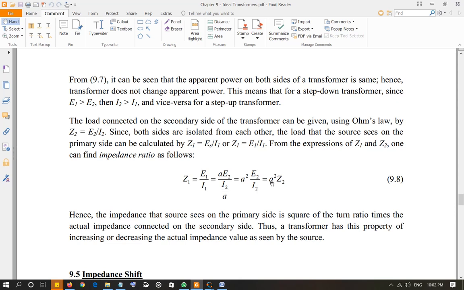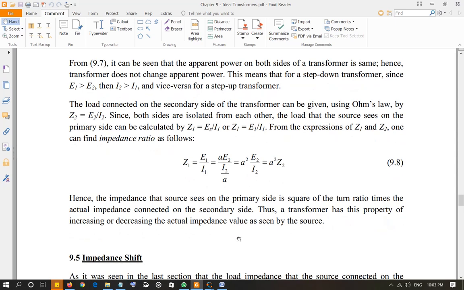That's what the source sees. So many times it is quite convenient to have a transformer and connect some other load, such that the turn ratio squared times that load equals the load that we actually want to connect.